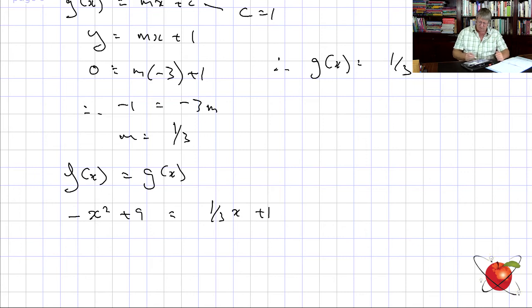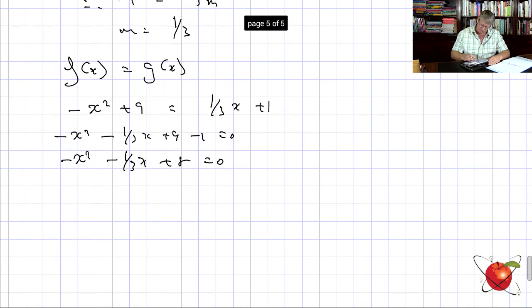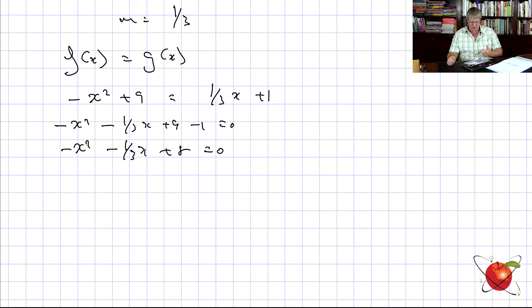Now we can see this is a trinomial, so it's minus x squared minus 1/3 x plus 9 minus 1 equals 0. Minus x squared minus 1/3 x plus 8 equals 0. And now what do we do next? We don't want fractions, so we get rid of them by multiplying by 3.